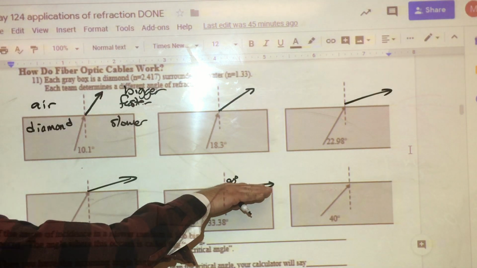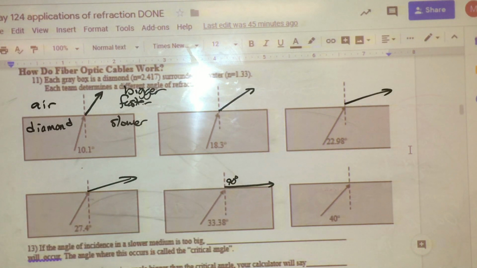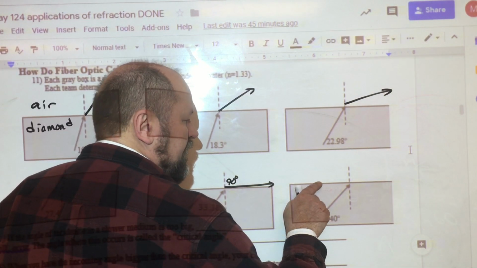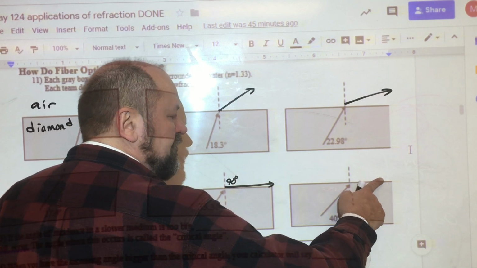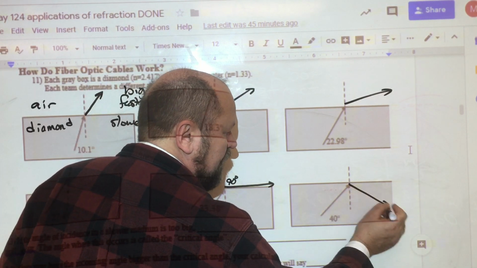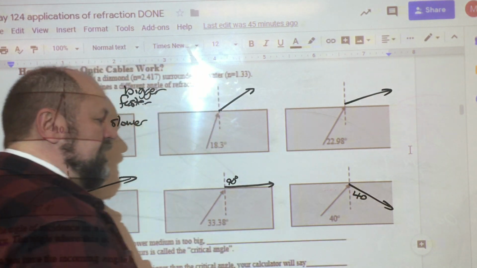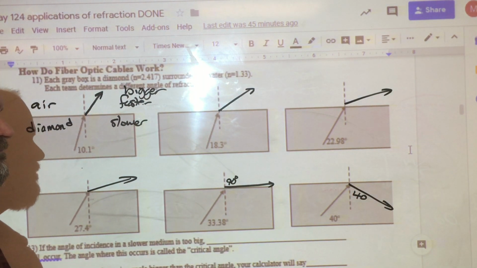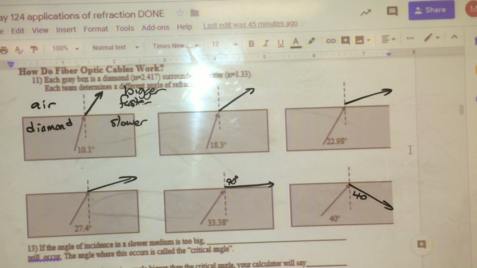It can't get any bigger than 90 degrees and still be in the air. And so what happens is that this surface now suddenly flips to be just like a mirror, and it's going to bounce off at 40 degrees. It's no longer going to obey Snell's law, it's going to obey the law of reflection.